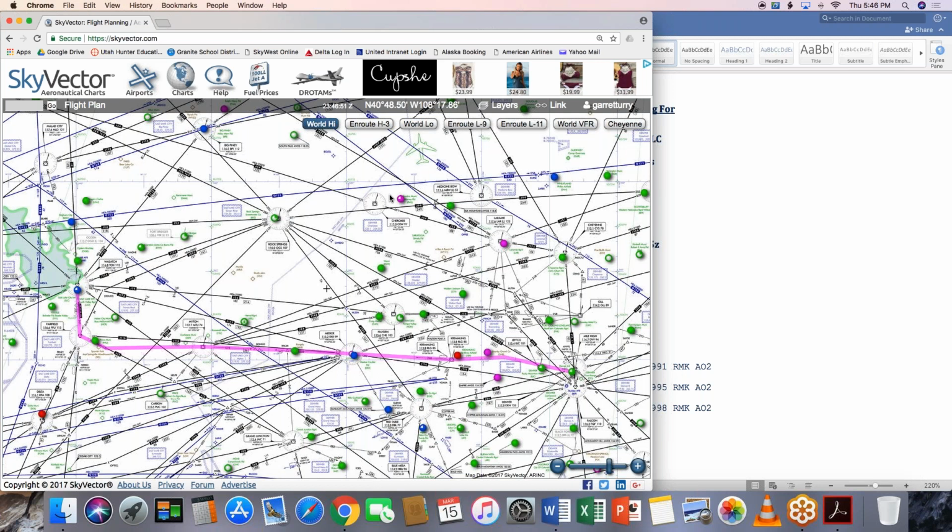So if you round it to the nearest 500, that's a pretty easy calculation. The ISA deviation at the airport? At the departure airport, yes.